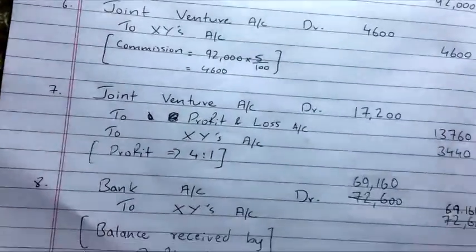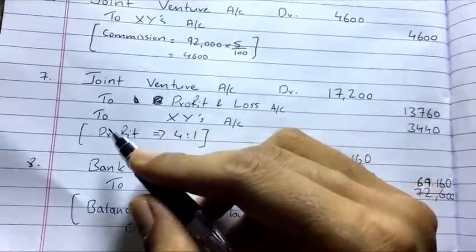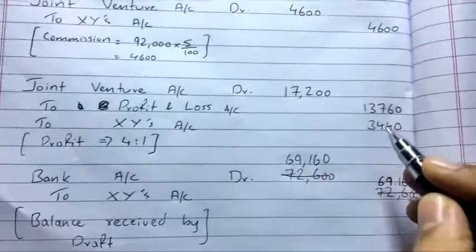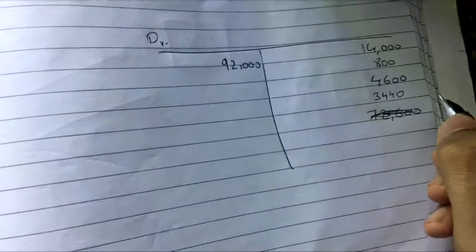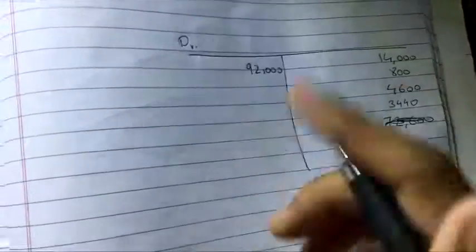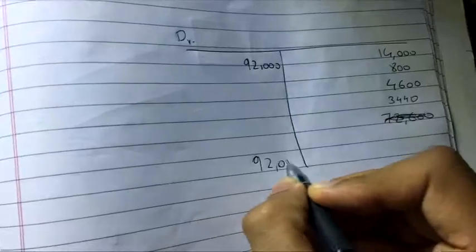And then at last there is profit also, right? So XY's account is also being credited 3,440, so take that. Now compare which side is bigger. This side is bigger, 92,000, just by rough I'm explaining this.